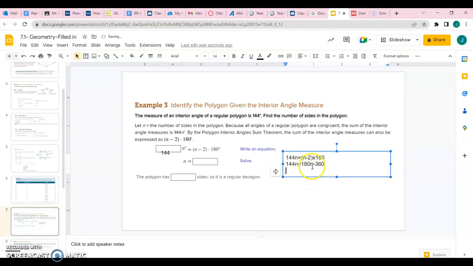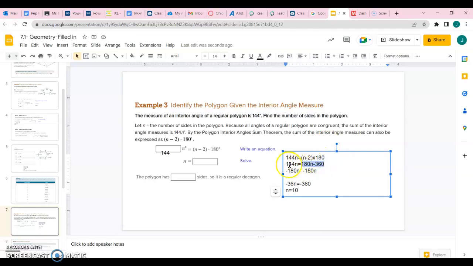I'm going to subtract 180n from both sides. Now on this side I get negative 36n equals, these ones cancel, negative 360. I'm going to divide both sides by negative 36, so I end up with n equals 10. When you're solving these, every single time this is always going to be the same thing.